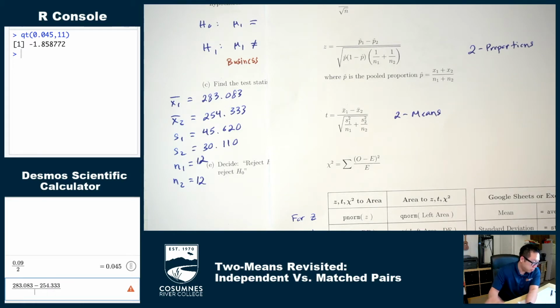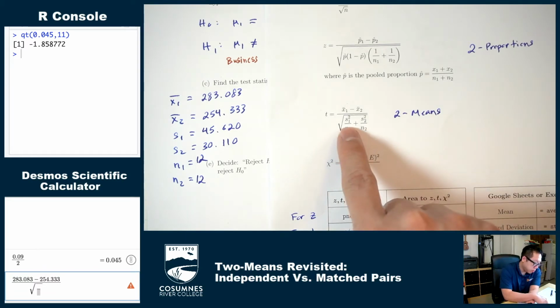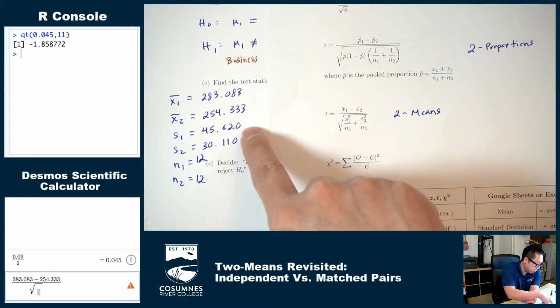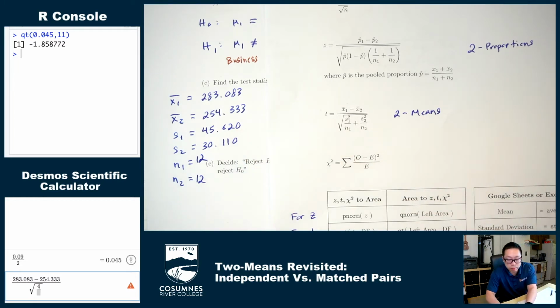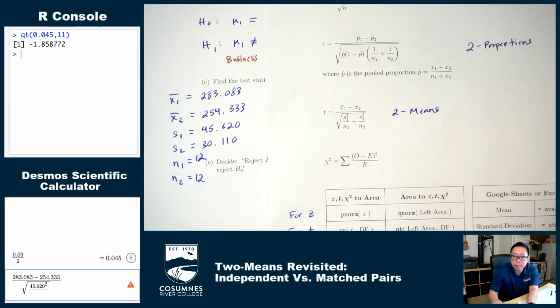On the bottom, square root, fraction. First fraction, S1 squared, is going to be 45.620 squared, over N1. N1 is 12.